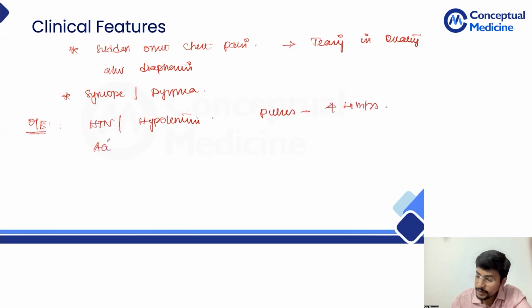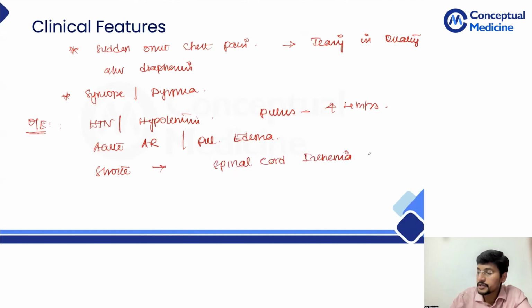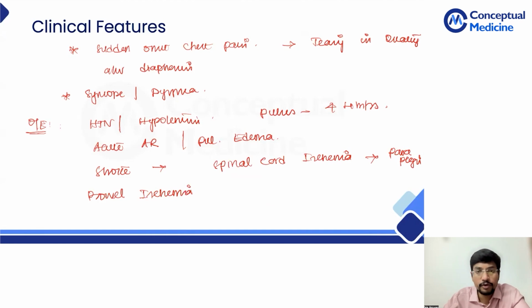They can present to you with an acute AR also, pulmonary edema. You can see them with stroke, hemiplegia, paraplegia, spinal cord ischemia. So all these are malperfusion syndromes. Bowel ischemia because of occlusion of bowel vessels: SMA, celiac, IMA can get occluded if they are arising from the false lumen.